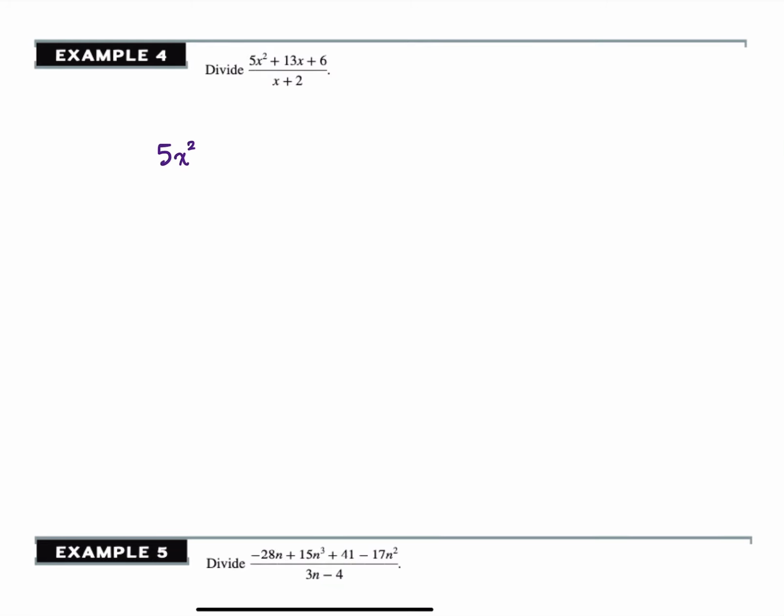So 5x squared plus 13x plus 6 is being divided by x plus 2. In general, when we do this, we want to write what's underneath here in descending order. We already have that for this case, but we'll probably see an example where it's more mixed up. So we write it in descending order.